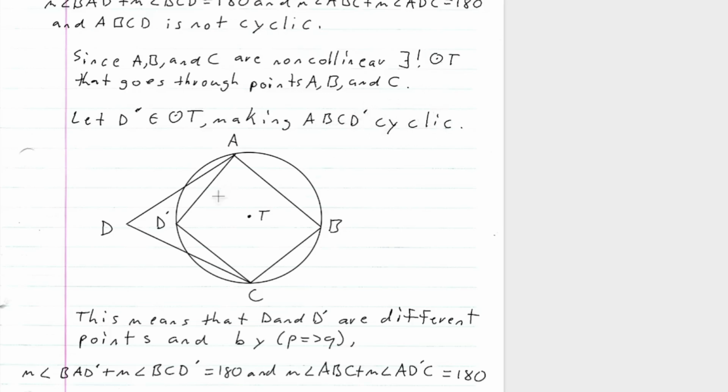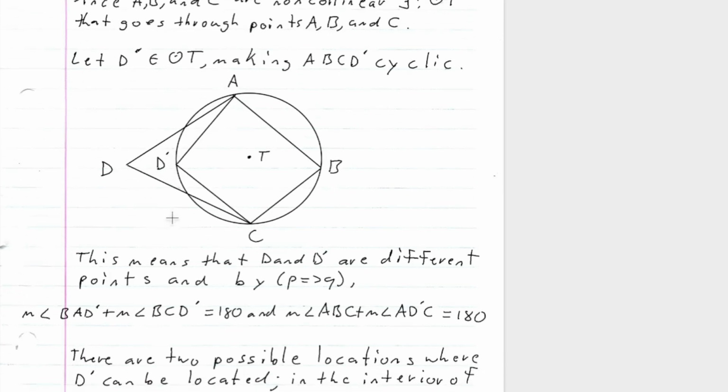If ABCD is not cyclic and ABCD prime is cyclic, this means that D and D prime are different points.